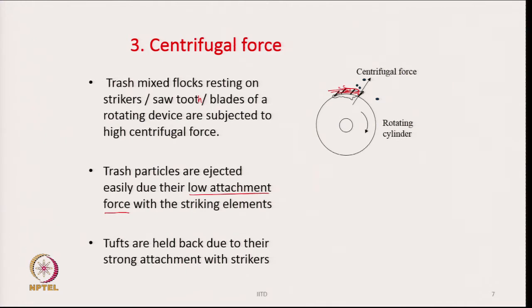Hence, trash particles will easily get ejected, and tufts are going to be held back because of their strong attachment with the strikers.